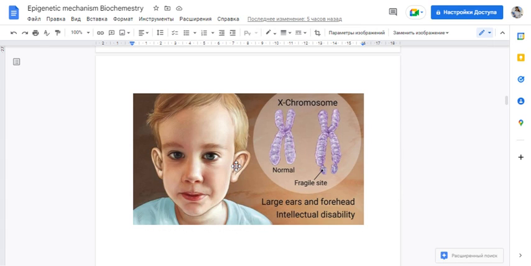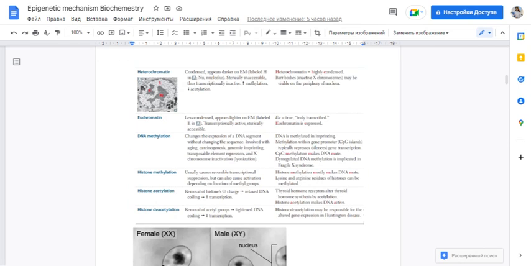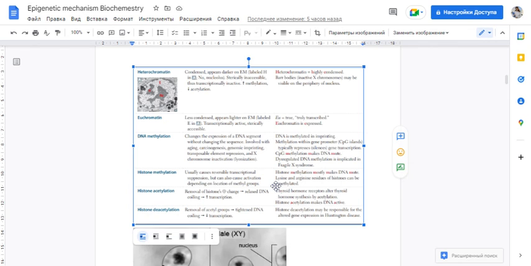As you can see, patients will present with large ears, with big forehead, with mental retardation, and with macroorchidism. And when we talk about histone methylation, it actually methylates specifically lysine and arginine residues.